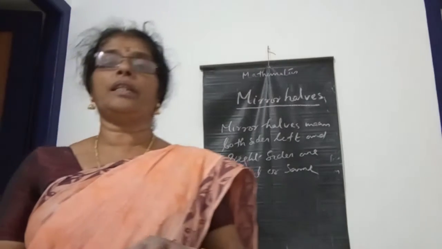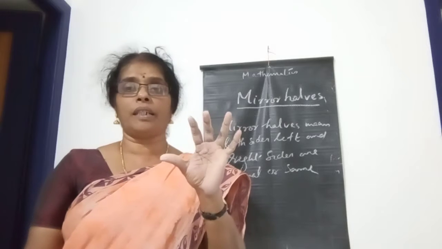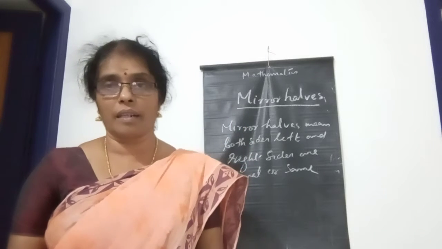If we take an object and the left and right side of that object are equal, then we can call it a mirror house.